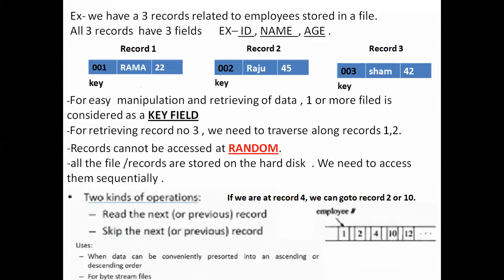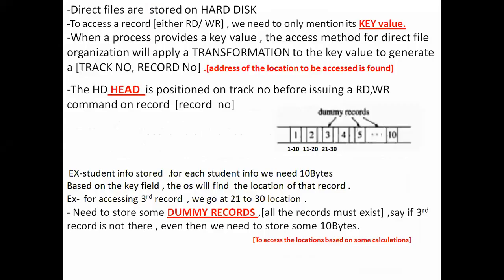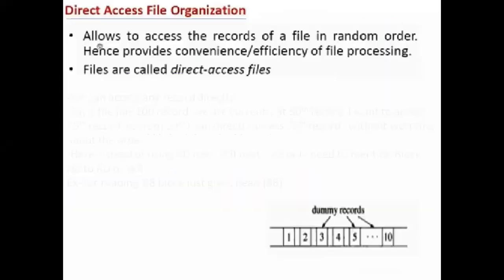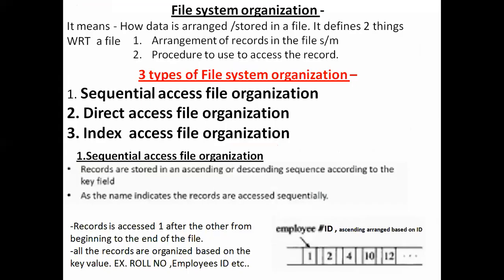Once you have the diagram with you, it becomes easy to explain things in a better way. Hence, you can follow the main classification as well as the sub-classification, along with the relevant figures and diagrams used in the book. According to that, for the sequential access file organization the figure is this one.